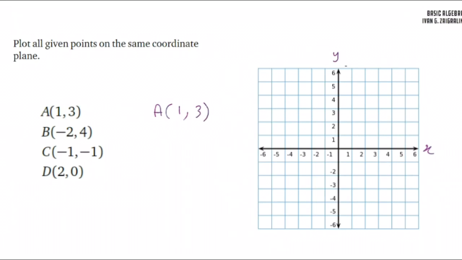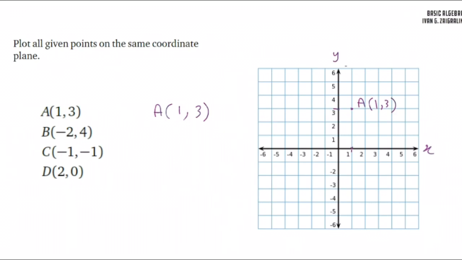So on the x-axis we find the point 1, and on the y-axis we find the point 3, and we intersect them with each other, which is this point. And this is point A, with coordinates 1 and 3.